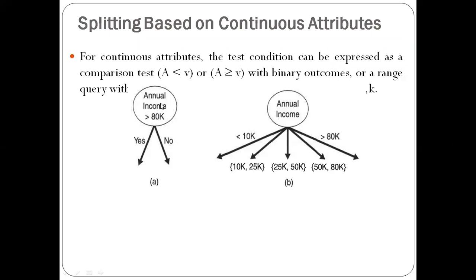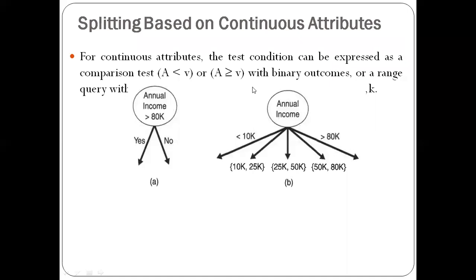A binary split we can perform based on the condition greater than V or less than or equal to V. One more partitioning is based on ranges, where we can consider in-between ranges, from less than 10K to greater than 80K. In this range we have split the attribute, so we have multiple partitions here.